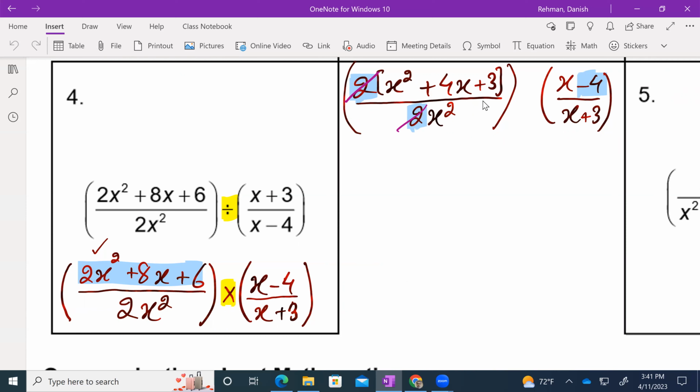I will directly put the factors for x squared plus 4x plus 3. This trinomial, when you try to factor it, will give you these factors. X plus 1, what I have done, don't worry, don't panic. This yellow highlighted polynomial over here is replaceable by these two factors after factoring.